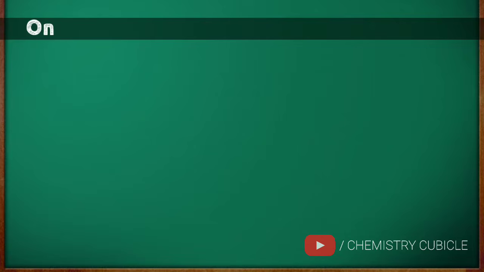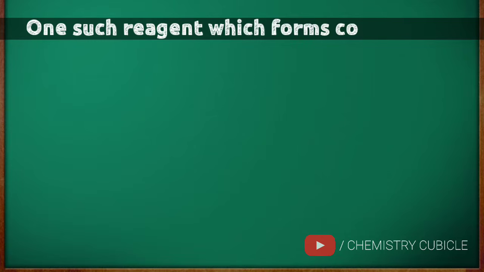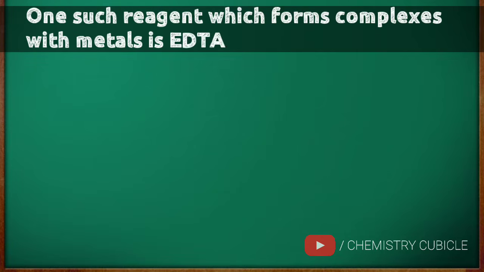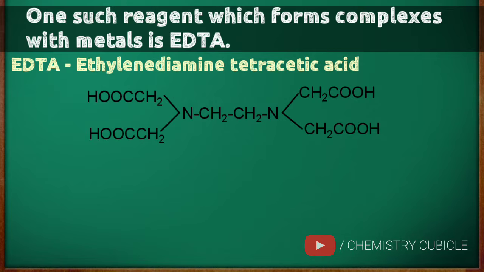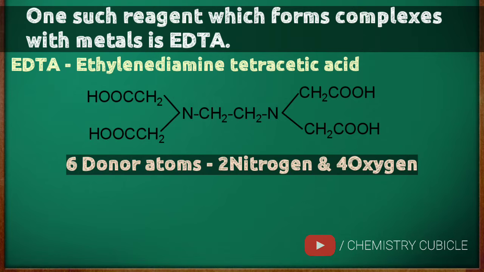An example of one such reagent which forms complexes with metal ions is EDTA, that is ethylenediaminetetraacetic acid. In EDTA, there are a total of 6 donors, 2 nitrogens and 4 oxygen atoms.